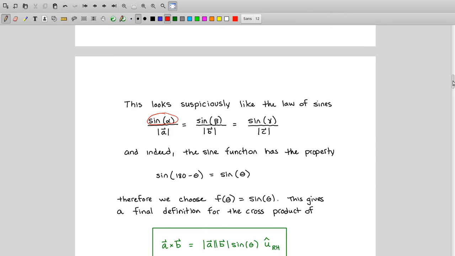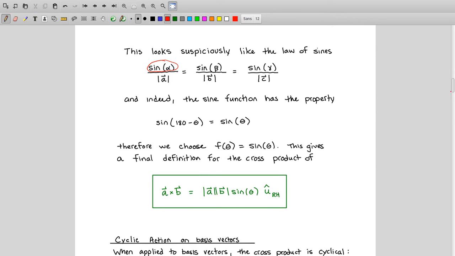Now, this has been a little bit hand-wavy, I won't even really use the word derivation. A pure mathematician would really laugh at me. But it's a hand-wavy argument to get us to a geometrical definition of the cross product without first giving you an arithmetic formula. And that geometric definition is this: the cross product is a vector with magnitude given by magnitude A, magnitude B, sine theta, and with a direction chosen using the right-hand rule.